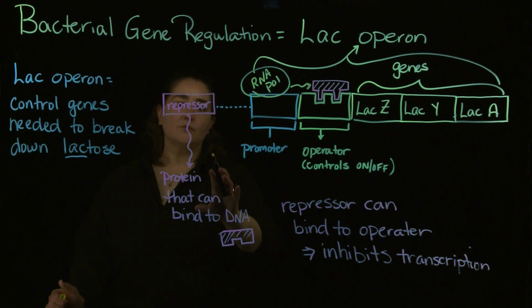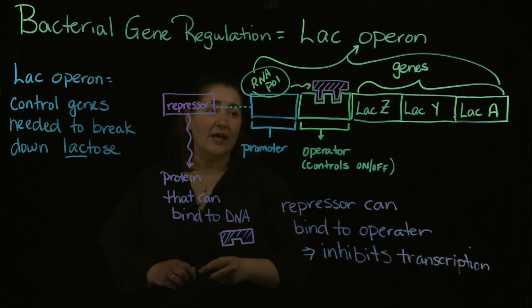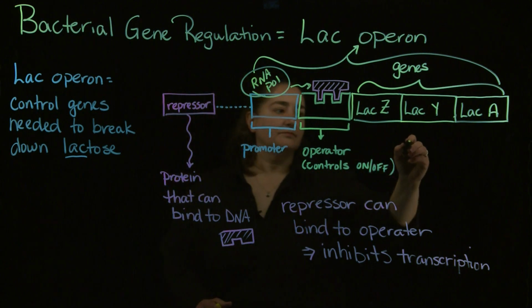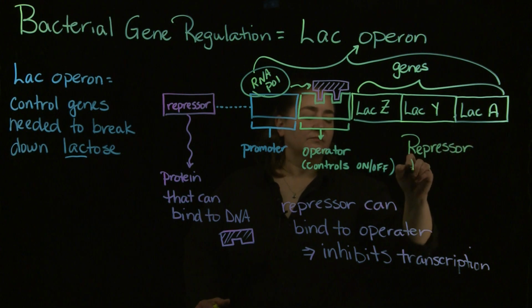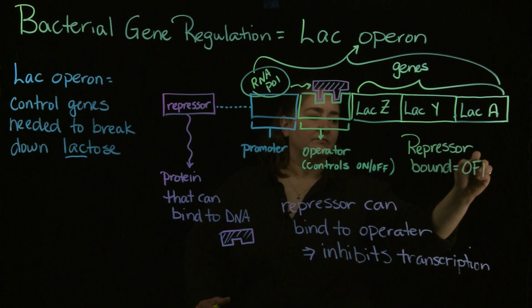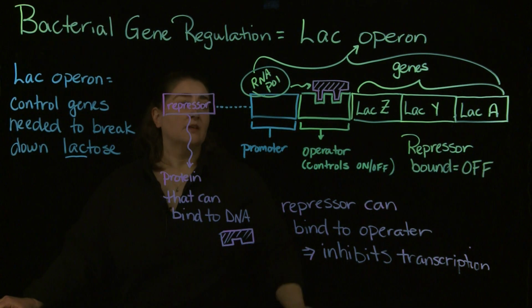So in terms of the repressor, if the repressor is bound to the Lac Operon, that's going to have things in the off position, all right?